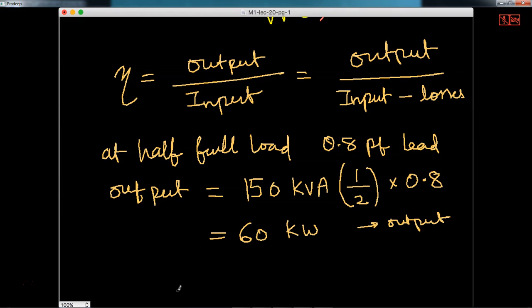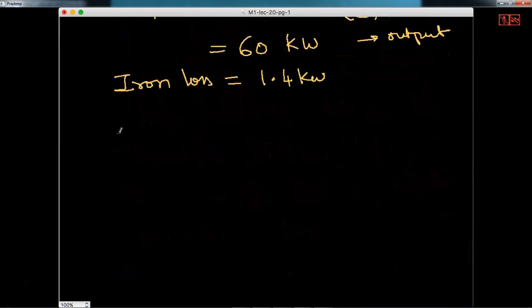Now what is the iron loss? Iron loss is nothing but 1.4 kilowatt, that is given in the data. Now at half full load, first of all copper loss.